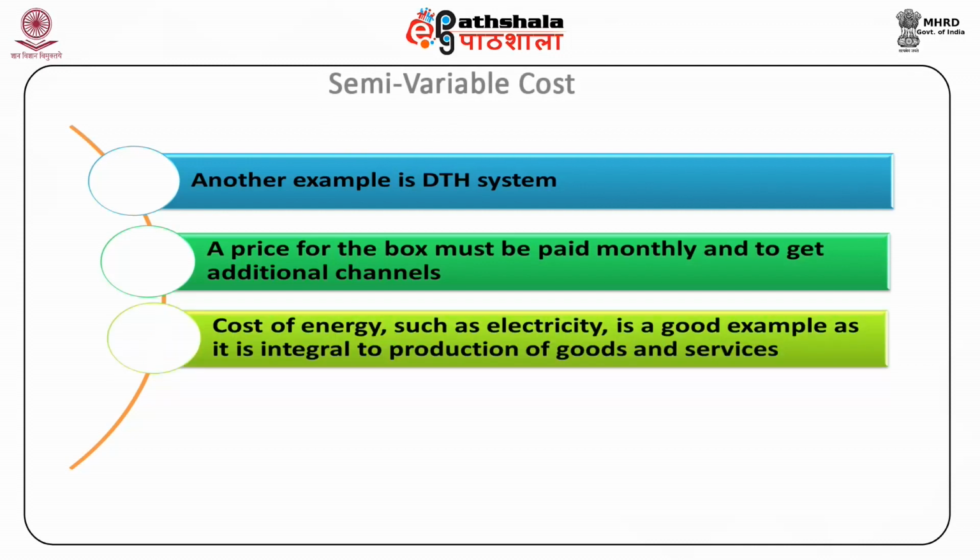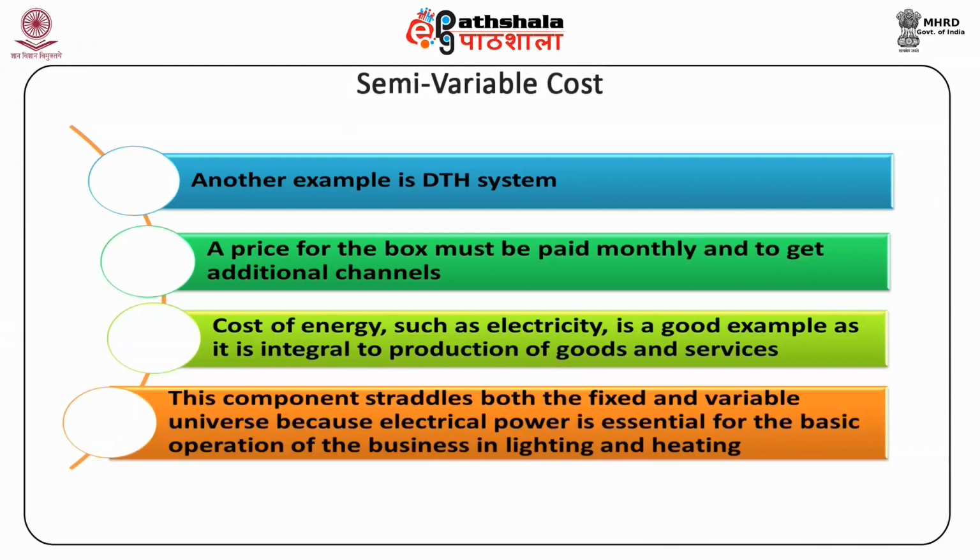Cost of energy, such as electricity, is a good example as it is integral to production of goods and services. This component straddles both the fixed and variable universe because electrical power is essential for the basic operation of the business in lighting and heating. This portion is a sunk cost that is incurred regardless of production.